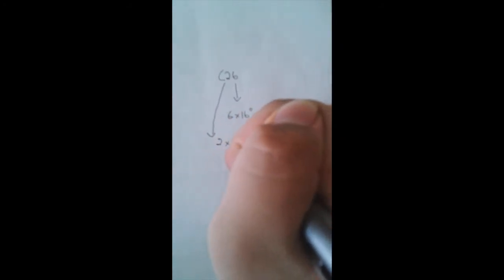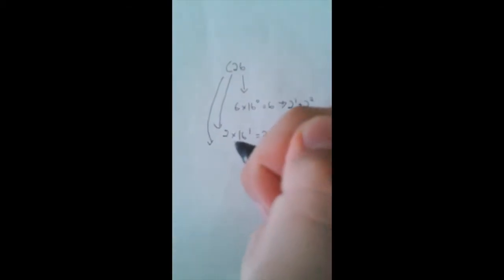Afterwards, we take the second digit, 2. So 2 times 16 to the power of 1 equals 32, which is 2 to the power of 5. Finally, take the last digit, C, which is 12.